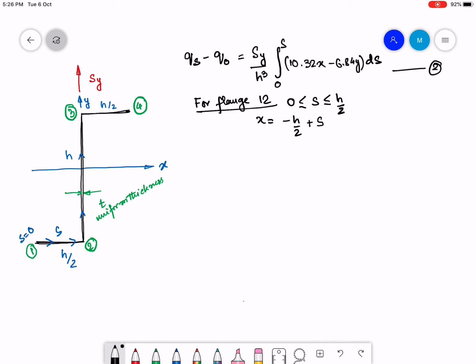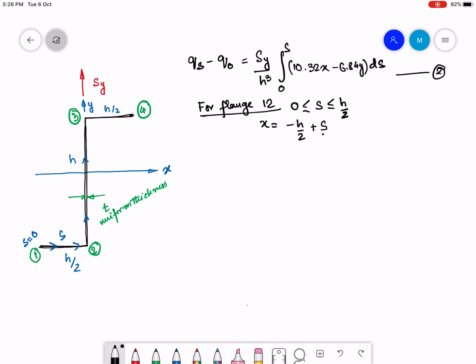When s is equal to 0, x is minus h by 2, and when s is equal to h by 2, x is equal to 0. So this is the correct form of x. Now y in terms of s: y is always minus h by 2. Now we are all set to solve this equation. So Qs minus Q0 is therefore going to be q12.